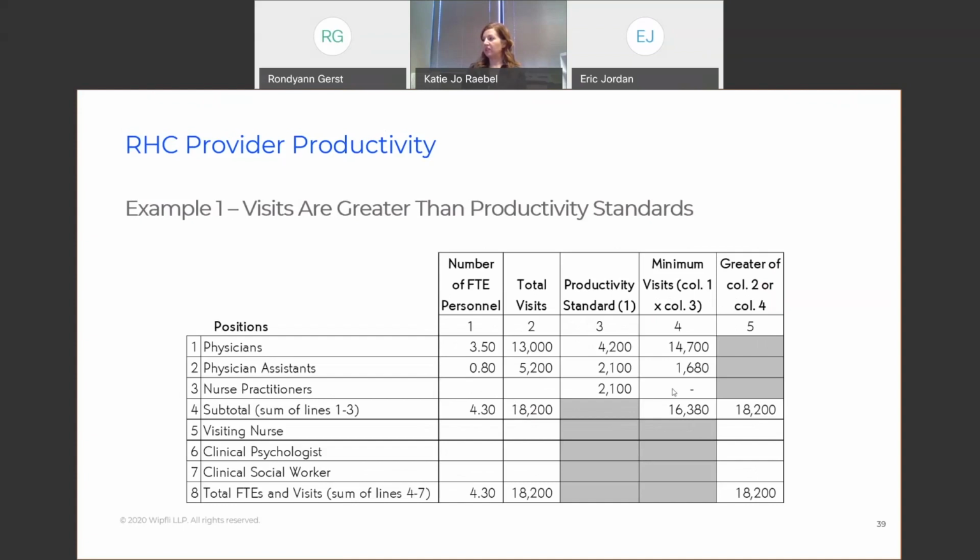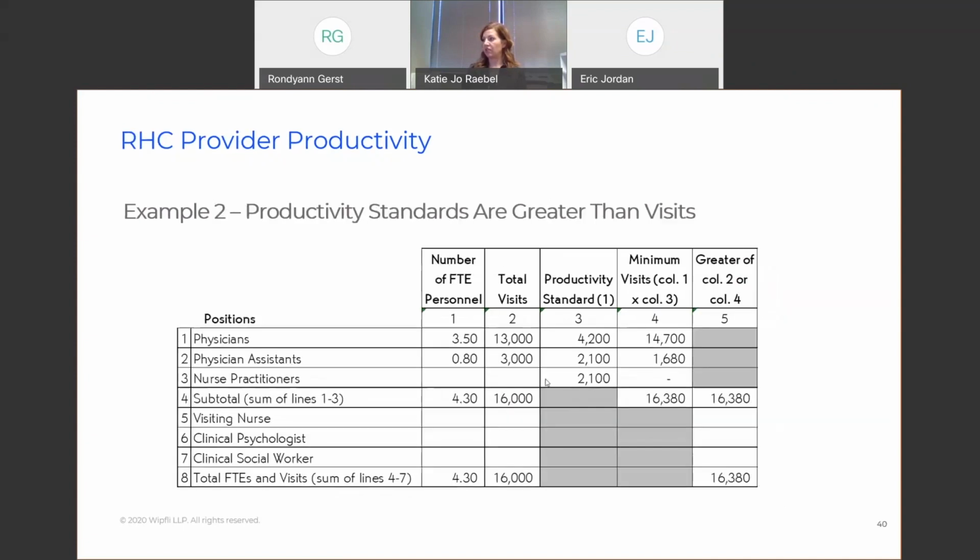If our visits are overstated, let's say our staff that's counting visits, they count nurse visits and hospital visits, etc., our cost per visit is going to be incorrectly adjusted for visits that really shouldn't count. So in this case, here's our correct visit number, and the greater of the two, productivity standard visits or actual visits, is used in the denominator.